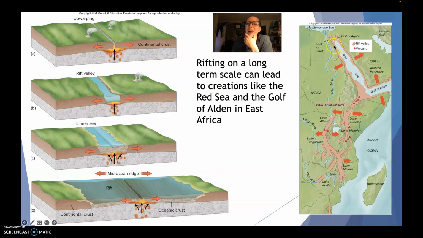I'm just kidding. But there's that split happening between those two regions, and then the Indian Ocean is able to infiltrate into the area and fill in this rift valley. And that's what we now call the Red Sea, or also the Gulf of Aden, right? So pretty neat what we can see on top of these features.